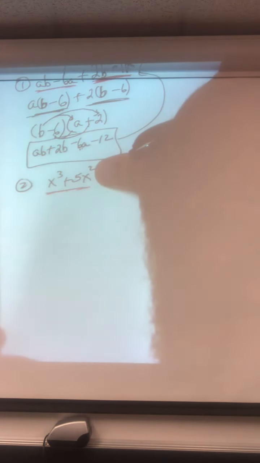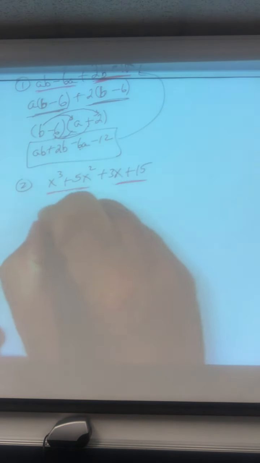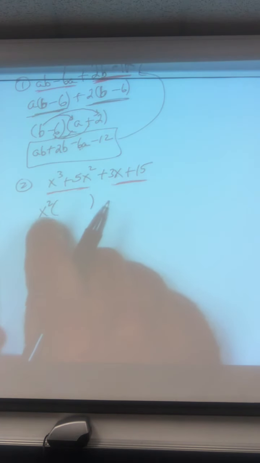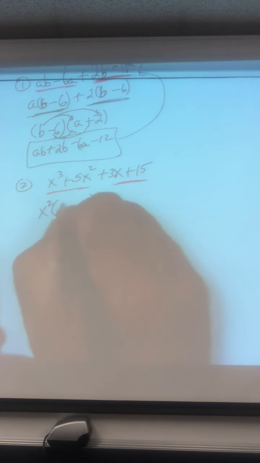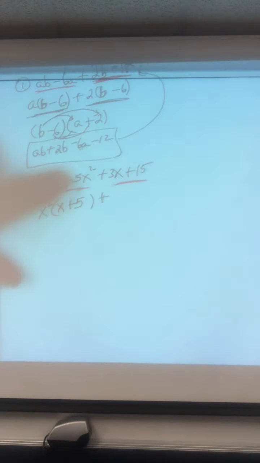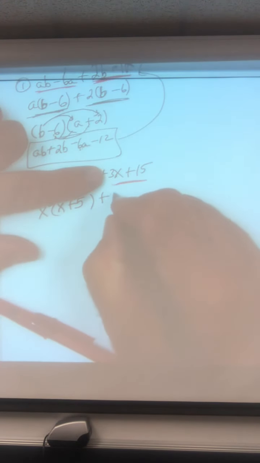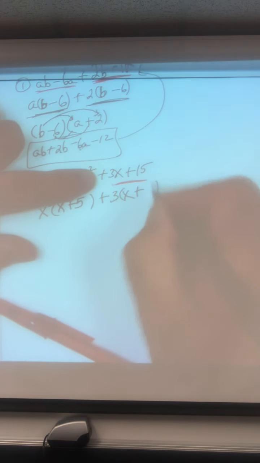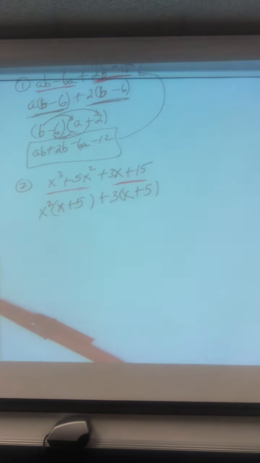What's the GCF? X cubed and an x squared. So your GCF is x squared. If I take an x squared out, divide x squared into x cubed, it leaves x, plus x squared into 5x squared is just 5. Plus, now the GCF in the next group, 3. 3 into 3x is x, plus 3 into 15 is 5.